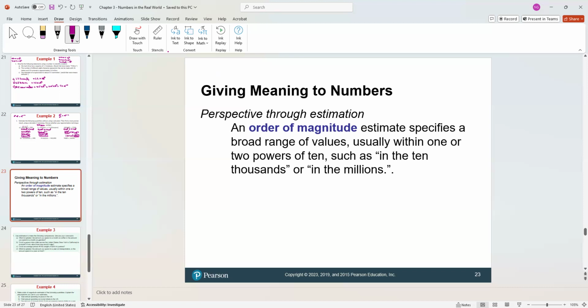That's very important. If you see some basketball players lately, they are very tall. Now, a building with only 10 feet height might be too low for them. That's very important. So an estimate that gives only a broad range of values, such as in millions, you call that order of magnitude. So that's exactly what we do here.